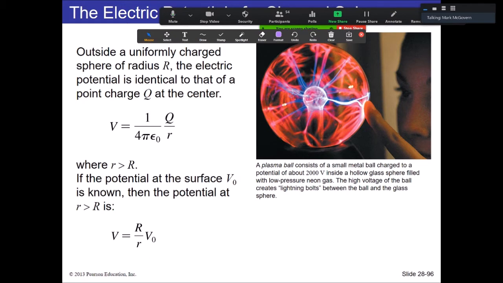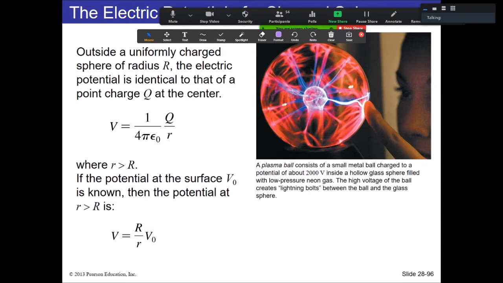No, it's not. The potential of a point charge is your equation. You can create a lot of mathematical tools to simplify things, but this is not a new equation. This is just a proportion. That's why I don't really like to show you that kind of stuff, because you don't need more equations. You need to understand the concepts and be able to use the equations. The more equations you have that are not completely fundamental and core to the understanding, the more it's going to take away from understanding the concept here.